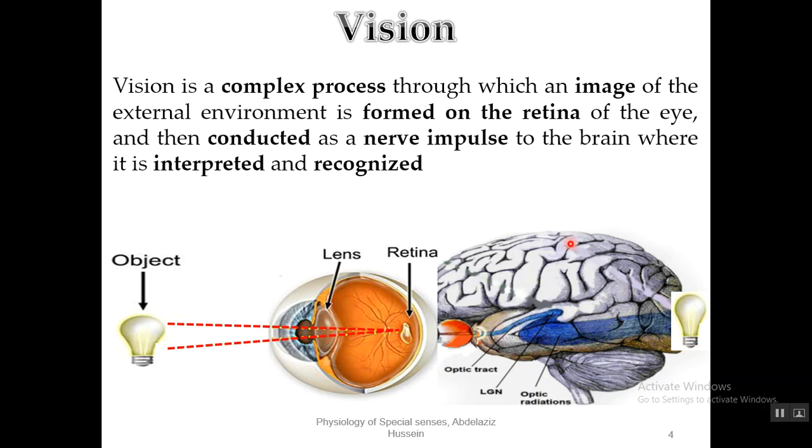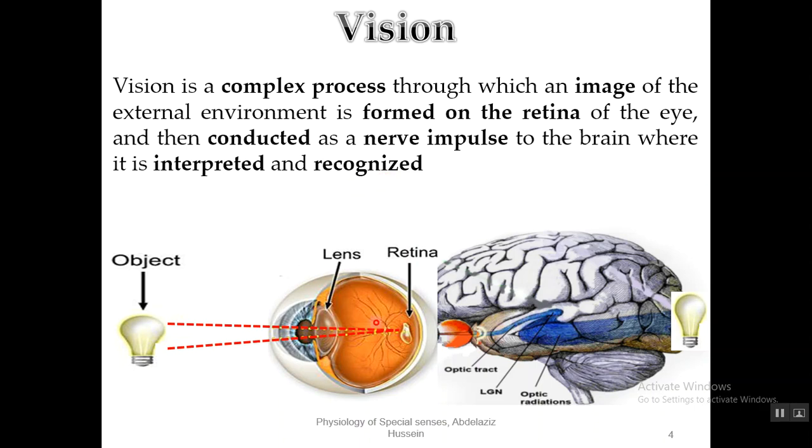So we can define vision simply as a complex process through which an image of the external environment is formed on the retina of the eye, and this image is conducted as a nerve impulse to the brain where it is interpreted and recognized. So vision consists of two parts.